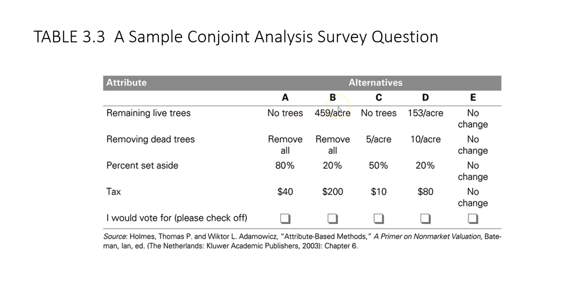Then the survey respondent would review alternatives B, C, D, and E, and would vote for one and only one of these alternatives. So if you preferred no change to the current policy, you would check the box associated with alternative E. If you preferred alternative A, the clear cut with 80% set aside, you would check that box.